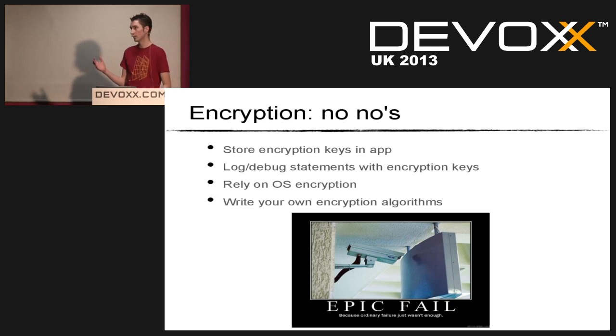Although you can enforce it, there are ways around OS encryption. And don't write your own encryption algorithms. That's what that slide tries to emphasize. It's really difficult to write them, and you'll get it wrong. Use the standard ones that have been around for a while.